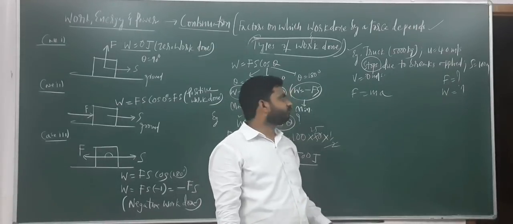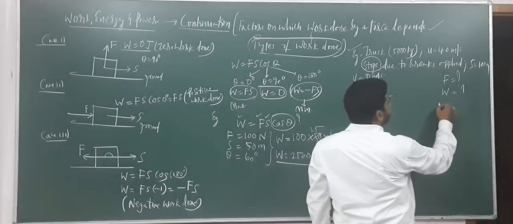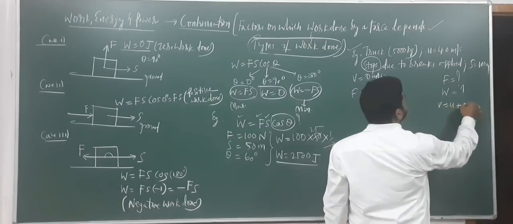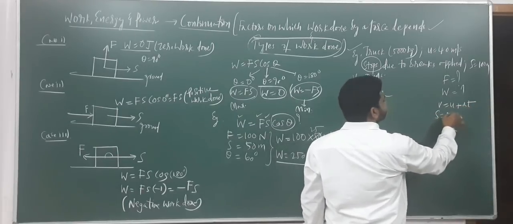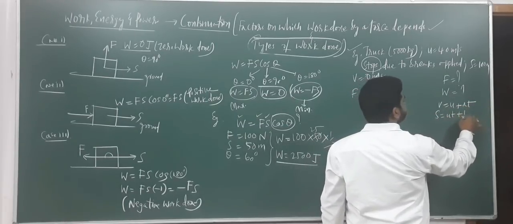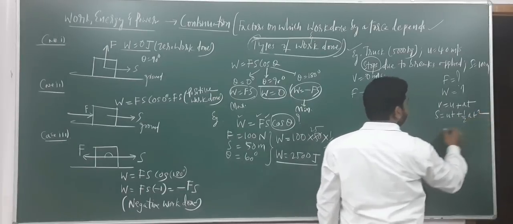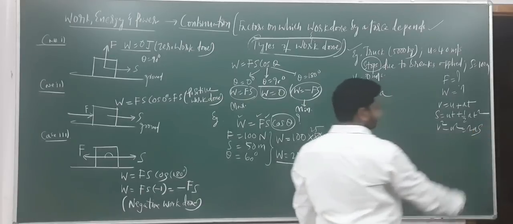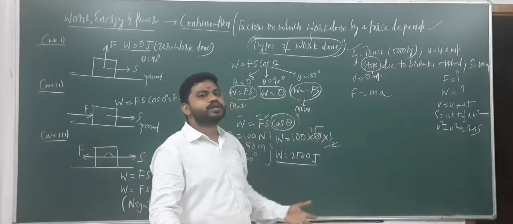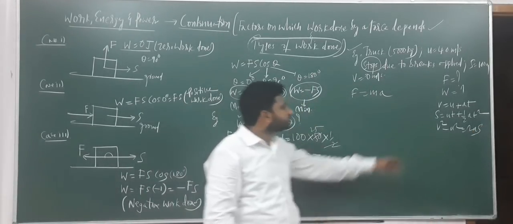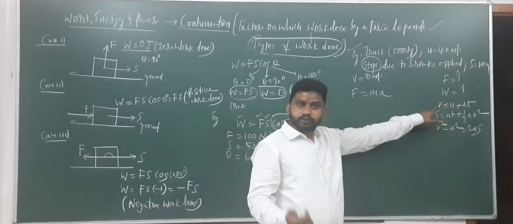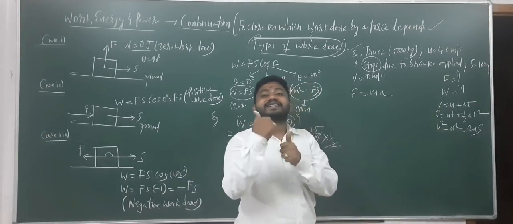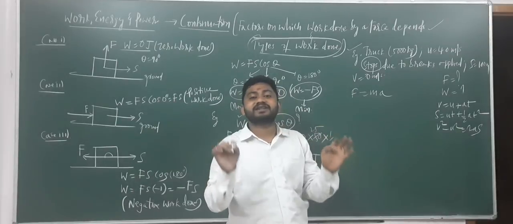We have equations of motion. What are the equations of motion we have? V is equal to u plus at. S is equal to ut plus half at square, and v square minus u square is equal to 2as. What is the equation I can use here? Can I use the first equation? No. Why? Because time is not at all mentioned here.